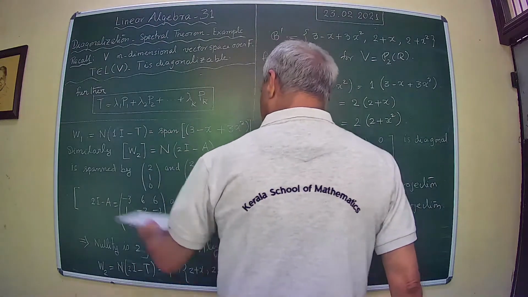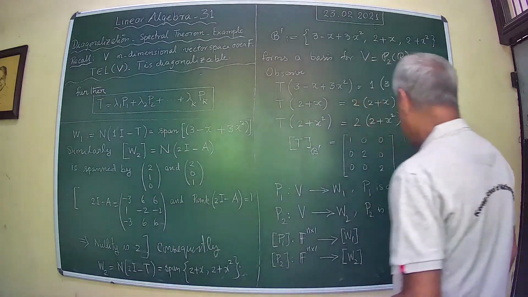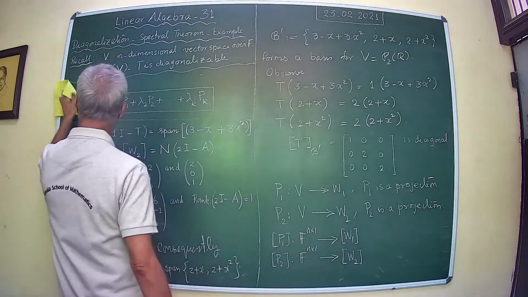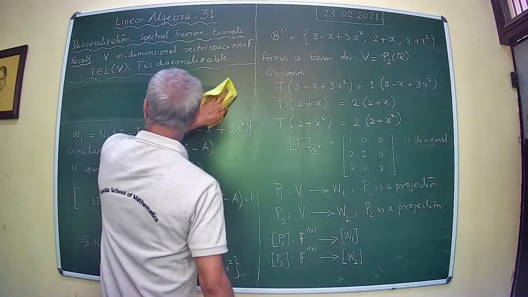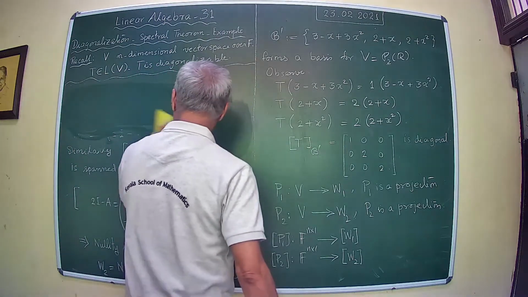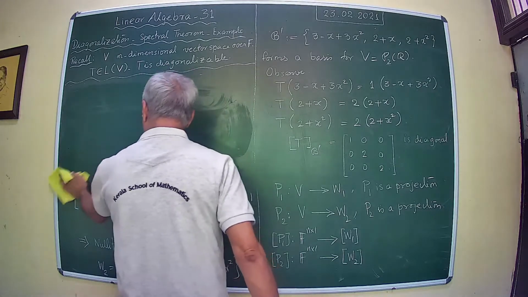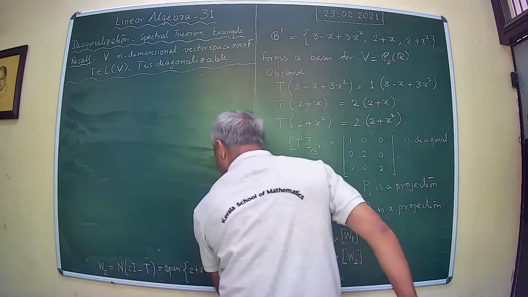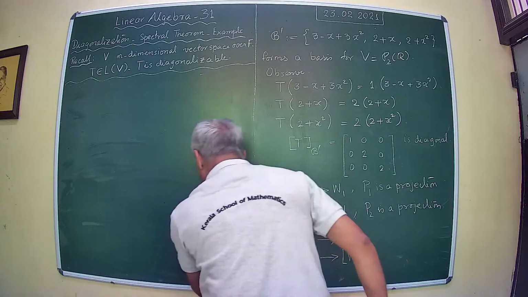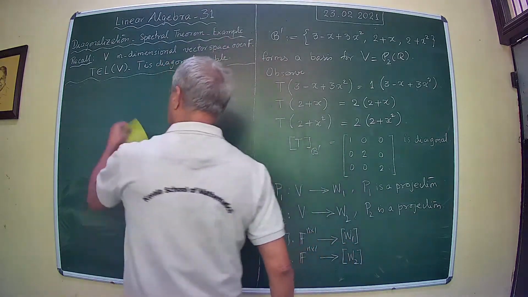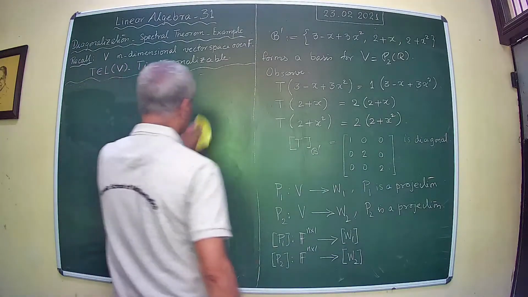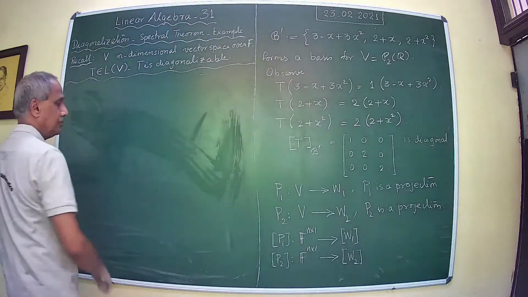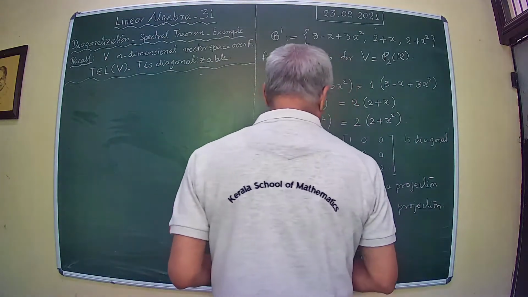W2 is a span of this, W1 is this, therefore, see, you see that W1, so what you have is this. What is this one?